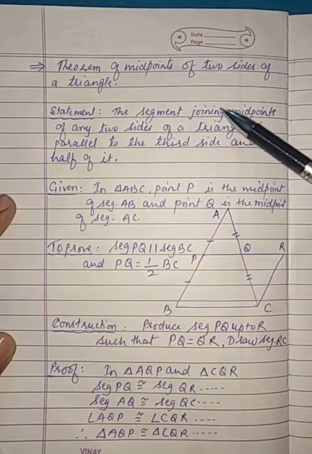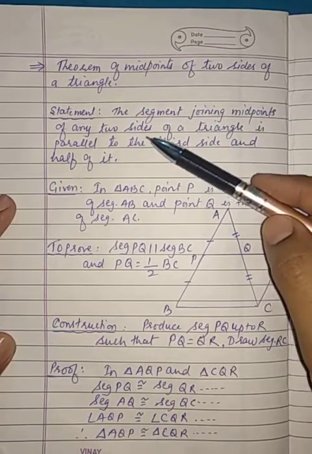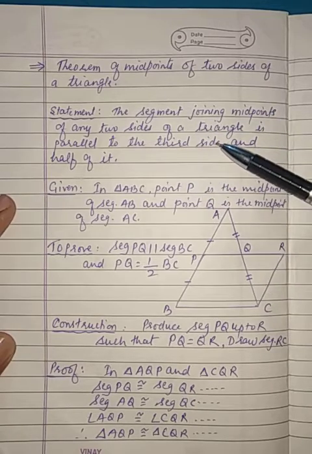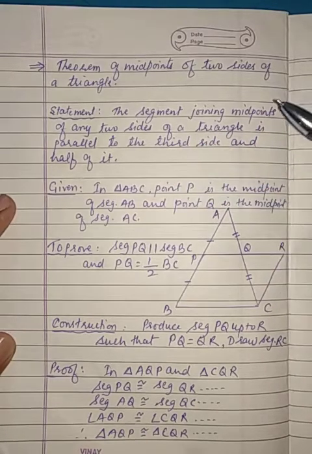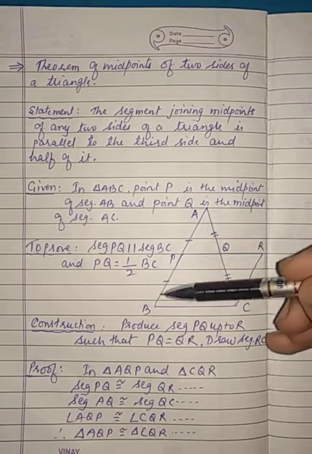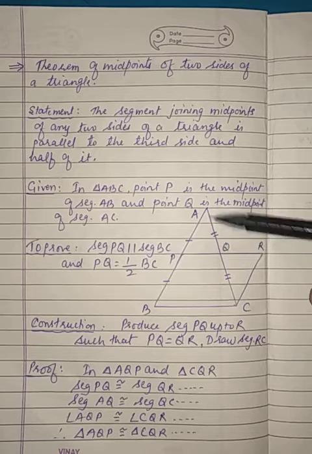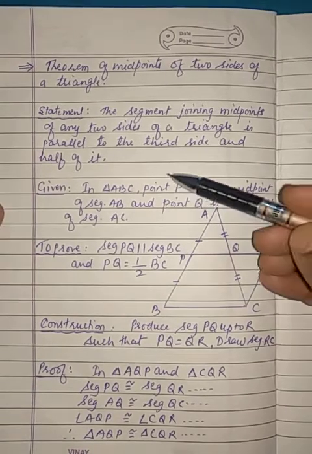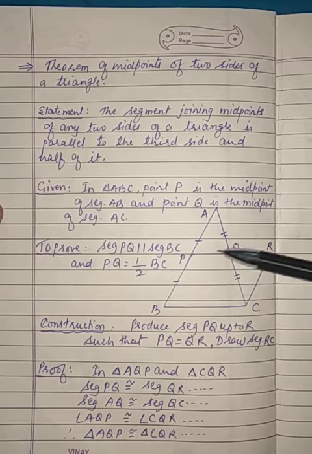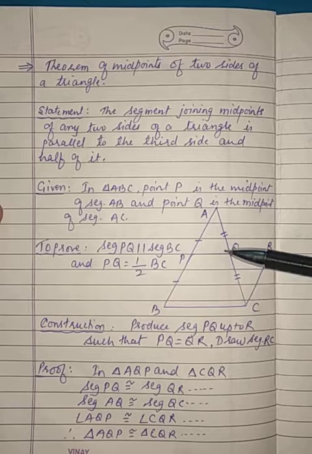The segment joining midpoints of any two sides of a triangle is parallel to the third side and half of it. You can see a triangle ABC. According to the statement, segment joining midpoints: P and Q are midpoints, so segment PQ joins the midpoints of two sides.